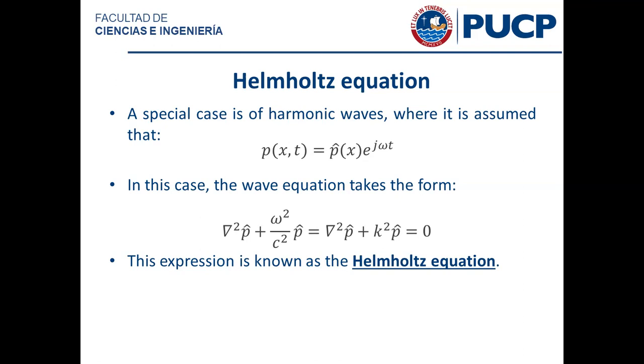And also, this is assuming that the whole dependency is equal to e to the j omega t, so every single point in space has the same temporal dependency, which seems a little bit excessive and harsh. You would think that maybe that could be softened in a way.